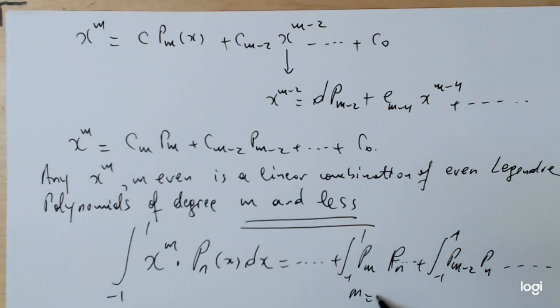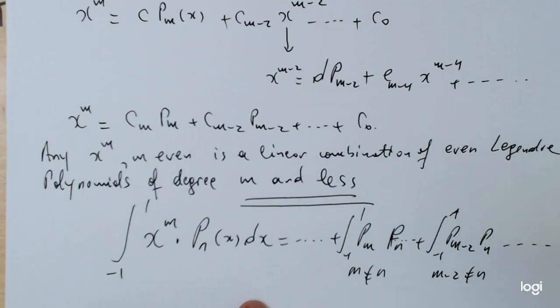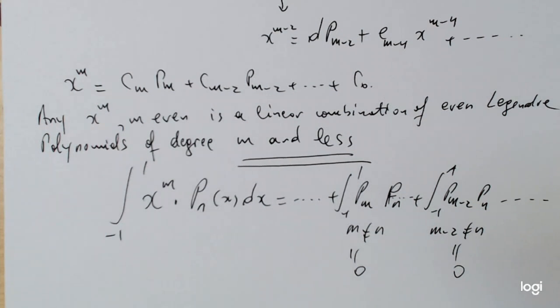And as long as m is not equal to n, or m minus 2 not equal to n, because of the orthogonality, we know that these integrals are equal to 0.